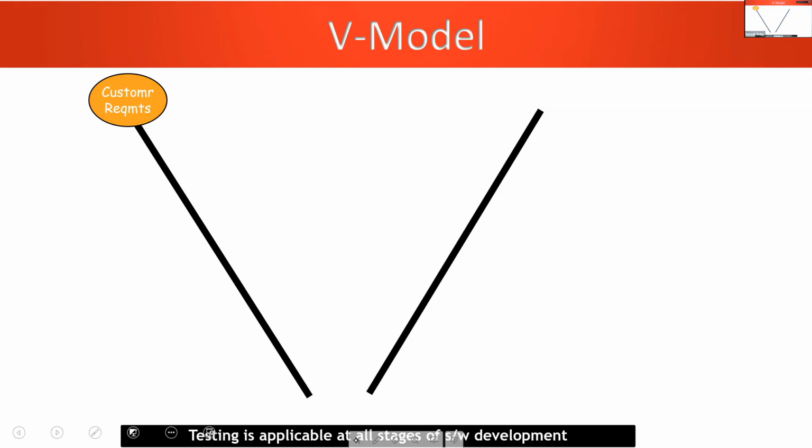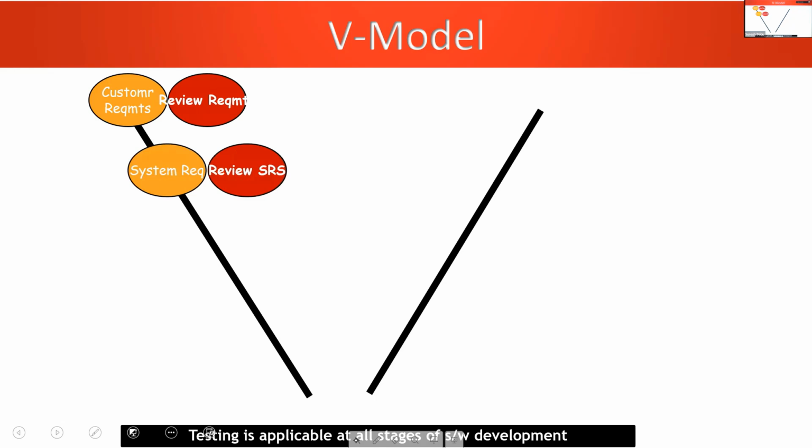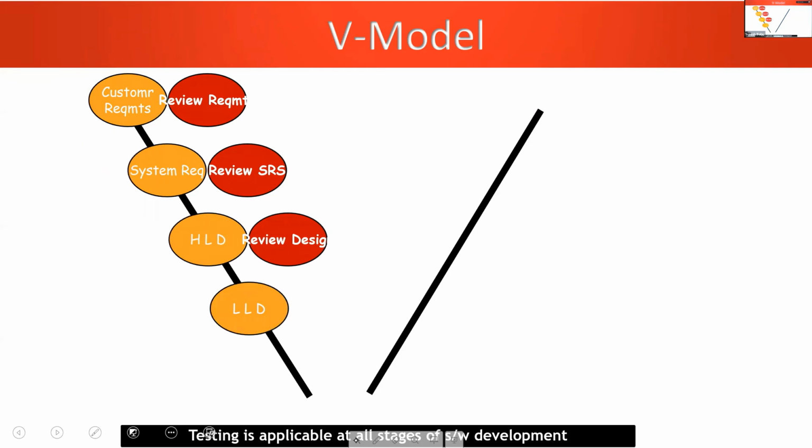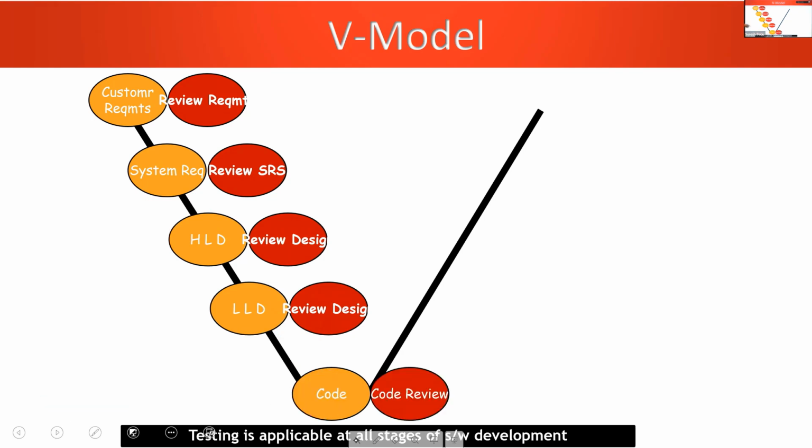After documenting the customer requirement, end user requirement, these requirements need to be verified. Then prepare the SRS, have a check. High level design, check. Low level design, check whether low level design is made as per the high level design or not. Code, verify. All this comes under verification.